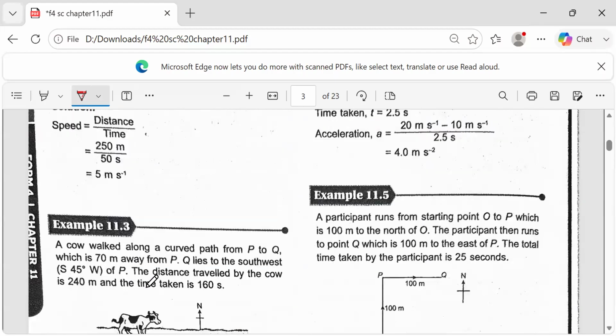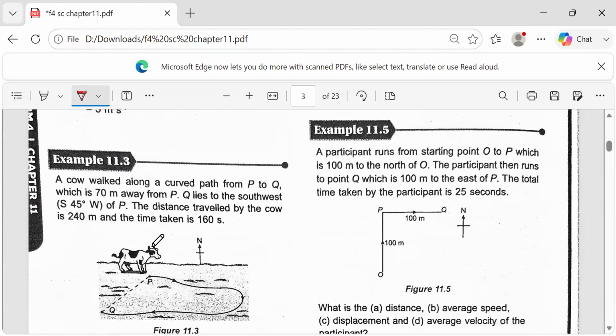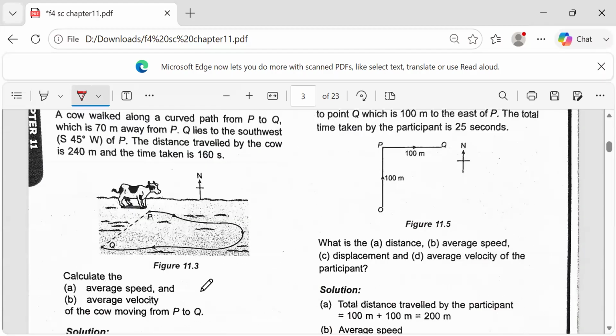Example 11.3. A car walked the curve from P to Q, which is 70 meters away. Find the average speed and average velocity from P to Q. It travels along here, which is 240 meters.